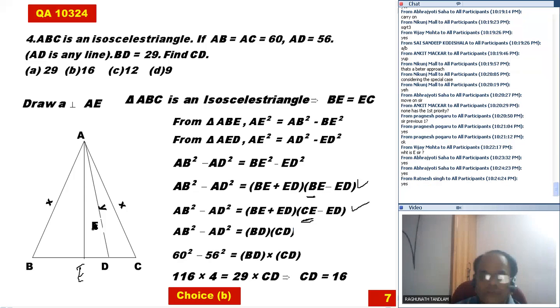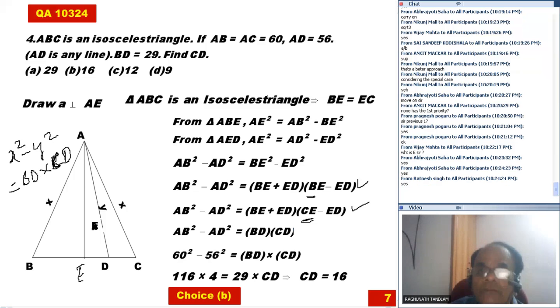What I should remember from this question is, in an isosceles triangle, if this is x and this is y, x squared minus y squared equals BD into DC. That's the learning from this question. If x squared minus y squared equals BD into CD, next time I should do it faster.